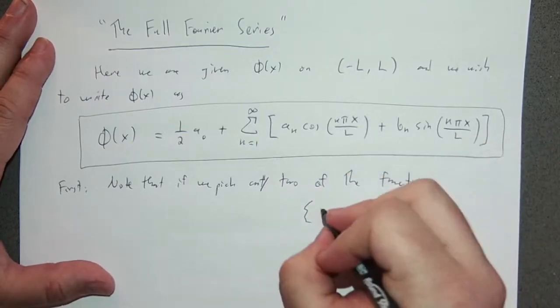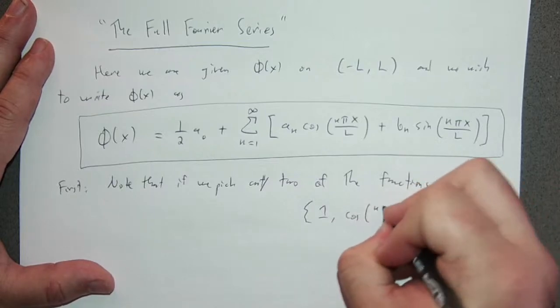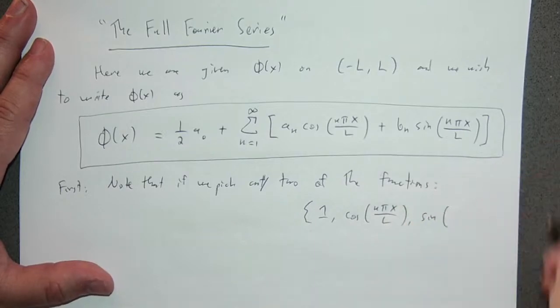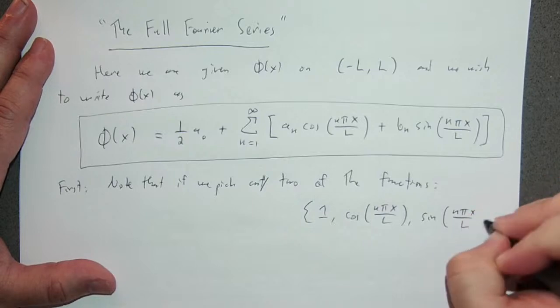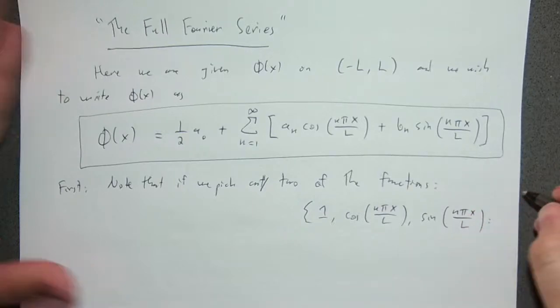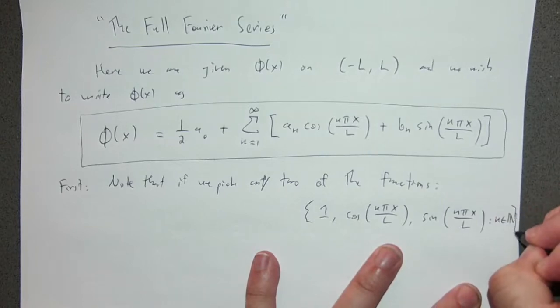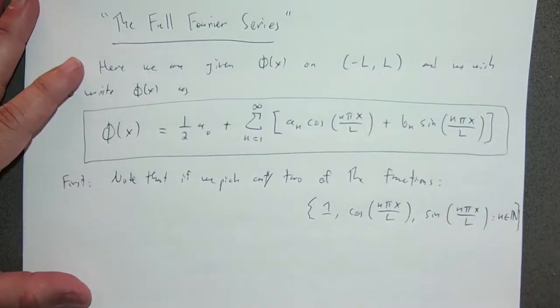So 1, cosine of n pi x over L, sine of n pi x over L, and we consider these for n in the natural numbers, so n can be whatever here. If we pick any two out of this hat, right, this big hat containing all these functions, pick any two you want and multiply them together and integrate them over minus L to L.